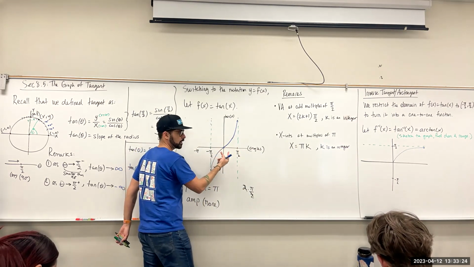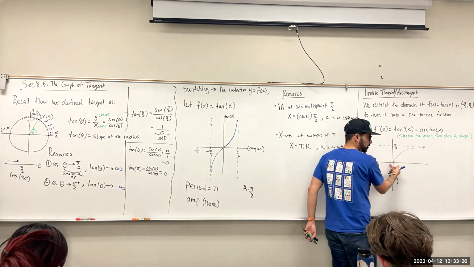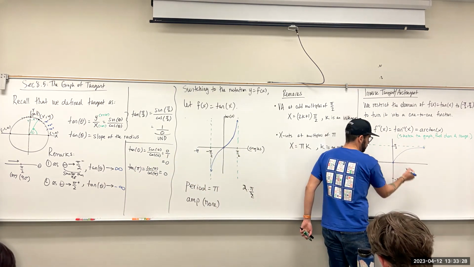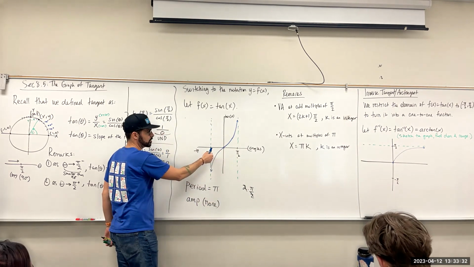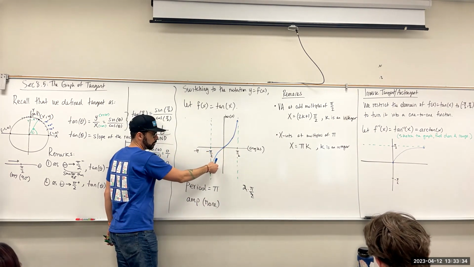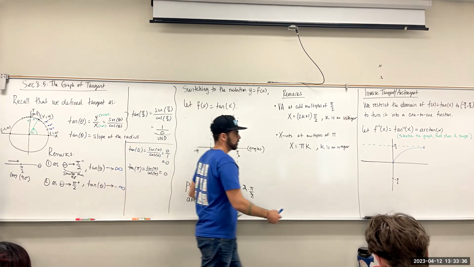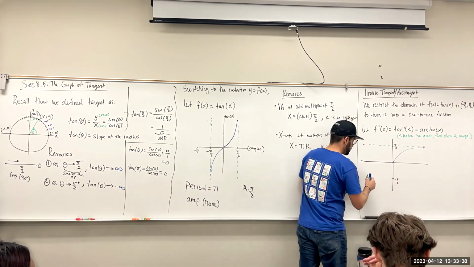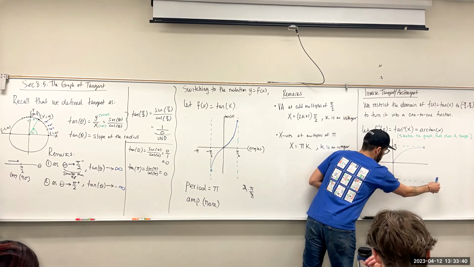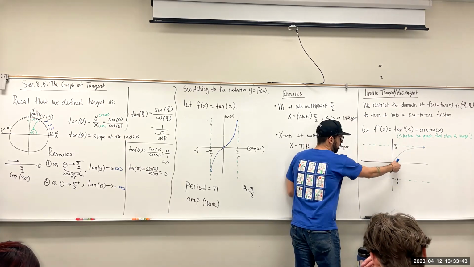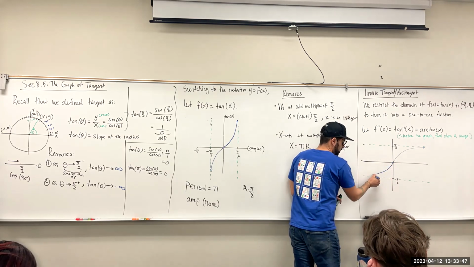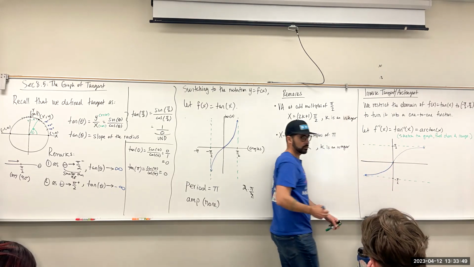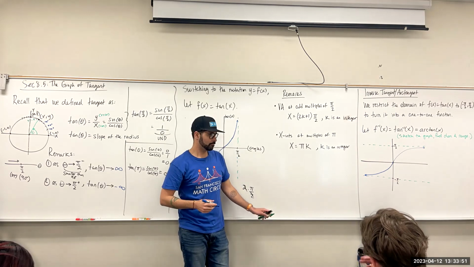So if I swap the coordinates, the inverse function still includes 0, 0. As I approach negative pi over 2, the y values get very negative. So as I approach negative pi over 2, I'm going to have another horizontal asymptote. The x values get very negative. So it'll go this way.